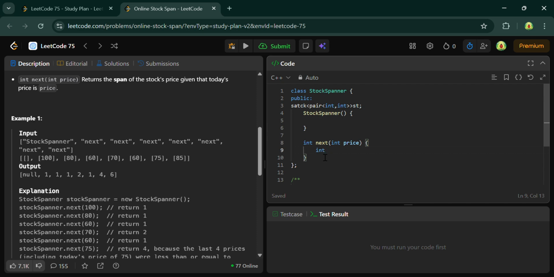And then int span equals 1, while st is not empty, okay, and st dot top dot first is less than or equal to price, okay.